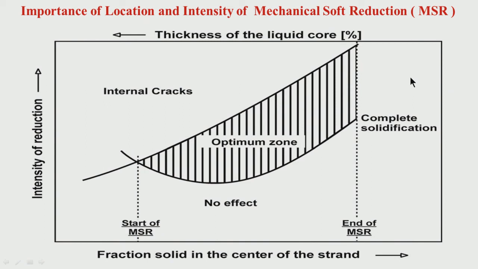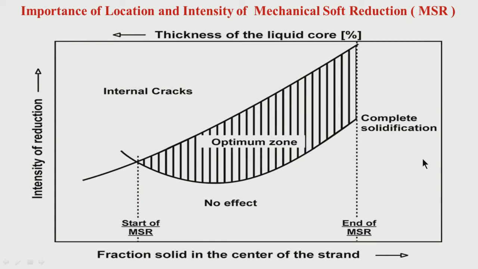So, the whole idea is to identify the zone where final solidification is expected to be there, that is number one. This area is important, where you are putting the mechanical soft reduction, where you are starting, where you are completing. Beyond complete solidification we should not give mechanical soft reduction.